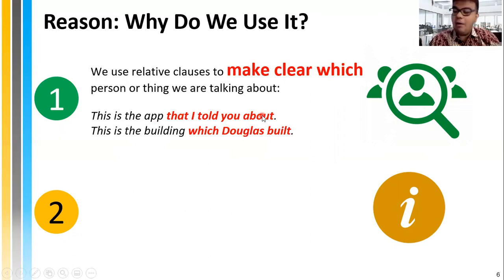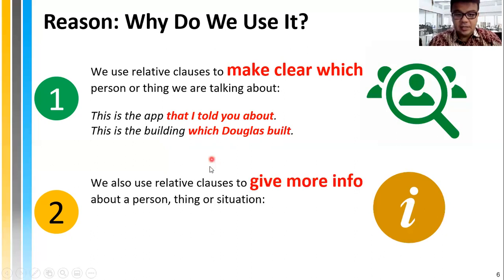Oh, that app. Now I know. This is the building. Wait a minute, what building? Oh, the building which Douglas built. Now I understand. There are so many buildings and so many apps, so we use relative clauses to clarify which one we're talking about.